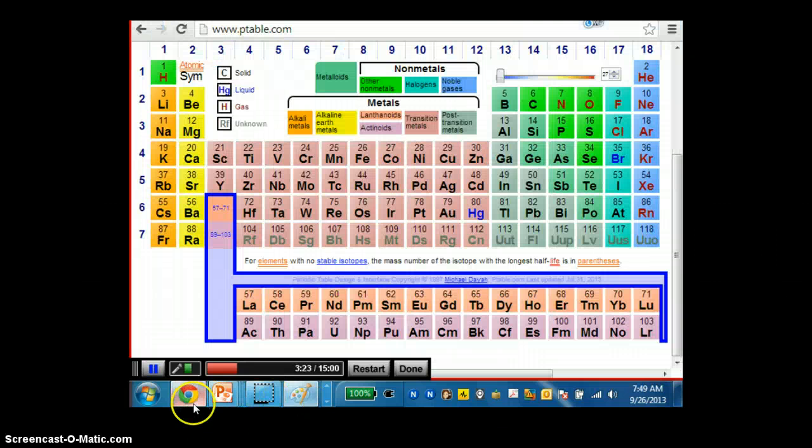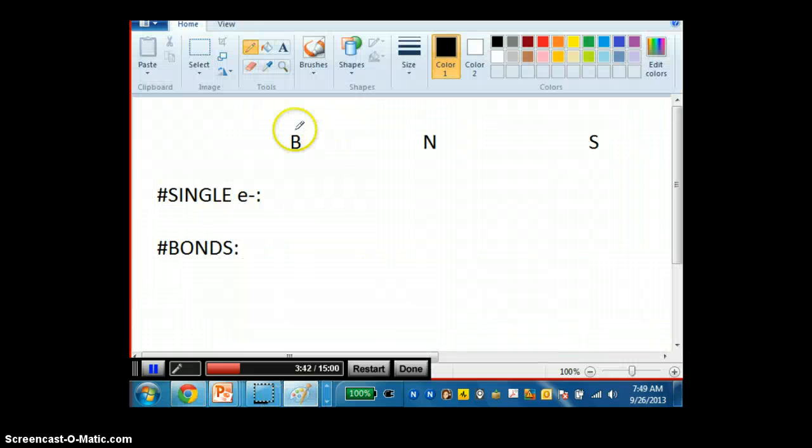To find the valence electrons, you go to the periodic table, you go to B. Here's B right here. You go to the row it is in. It's in row 2. And you count boxes from left to right, starting with the first row, till you get to it. And that's how many valence electrons it has. So boron has 1, 2, 3 valence electrons. You start at the top, one dot per side at a time.